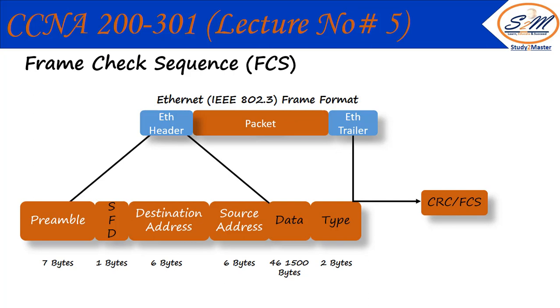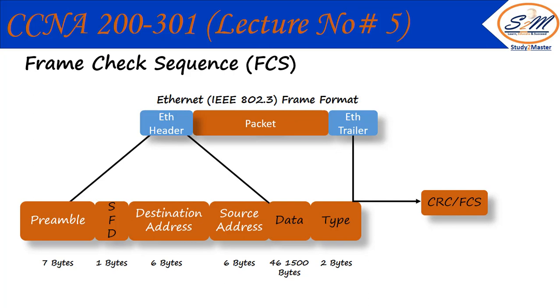The destination address is 6 bytes, which is equal to 48 bits in binary. The source address is equivalent to the destination address. It's also 6 bytes, which is equivalent to 48 bits in binary. Data is 46 to 1500 bytes. Type of the data is 2 bytes.